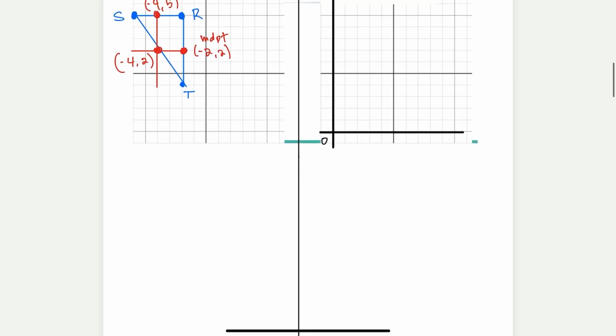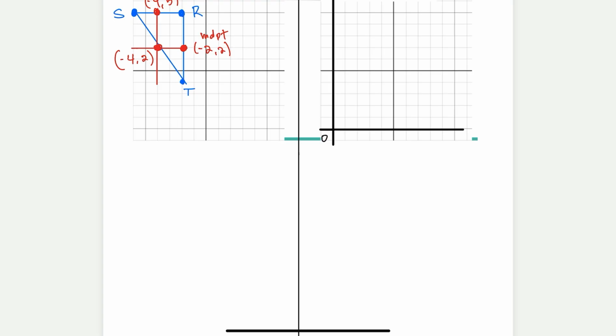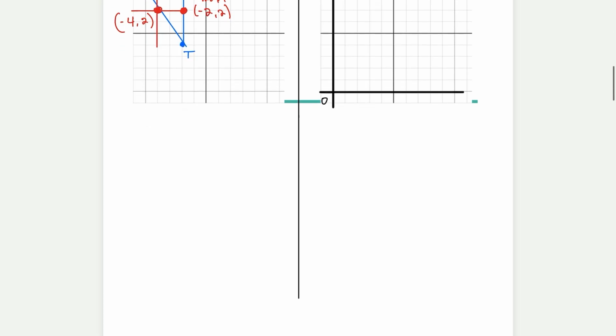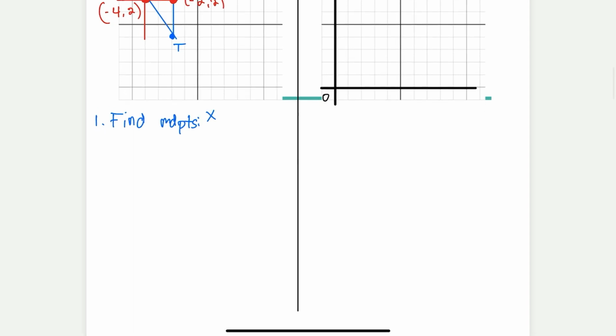All right, so we can also follow the steps in finding it, because sometimes it's difficult to just visualize it using the graph. So let me write the steps. The first step is to find the midpoint, and the formula for finding the midpoint is x sub 1 plus x sub 2 over 2 and y sub 1 plus y sub 2 over 2.